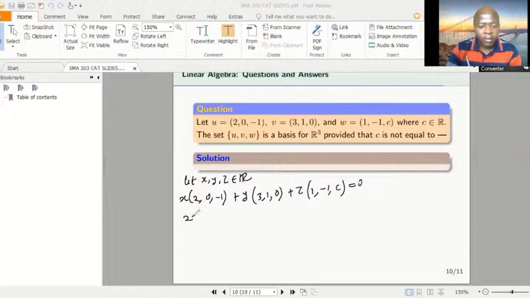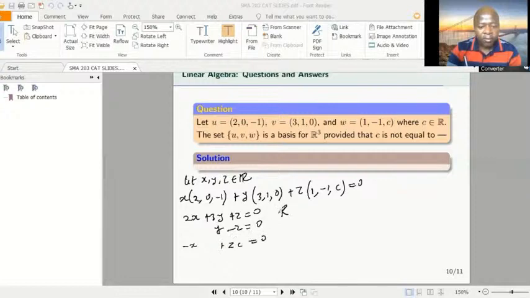Or that 2x plus 3y plus z should be 0. This is 0x plus y minus z is 0, and this other one should be negative x plus 0y plus zc should be 0.